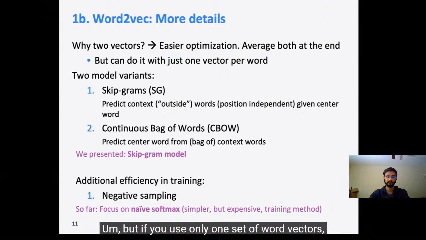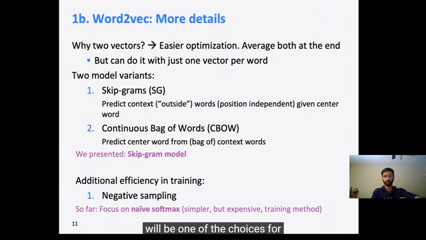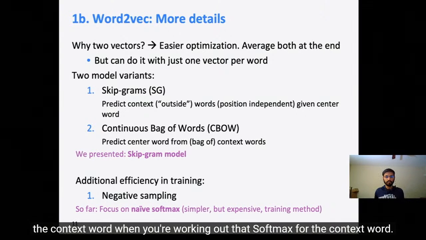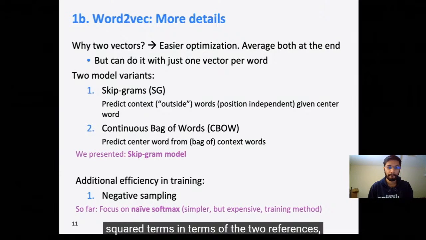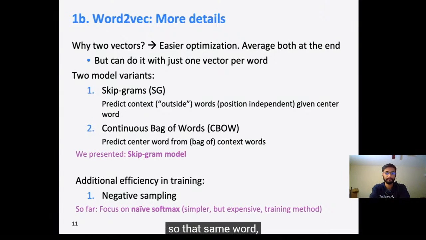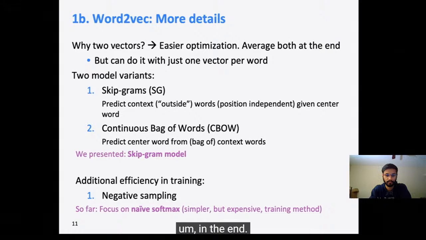But if you use only one set of word vectors, then the same word that's the center word will be one of the choices for the context word when you're working out that softmax for the context word, and then you'll get these terms that are squared terms, in terms of the two references to that same word, and that makes your math more difficult. So it's just a practical thing in the end.